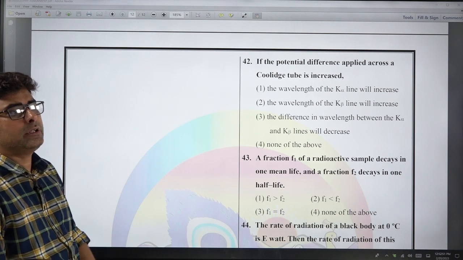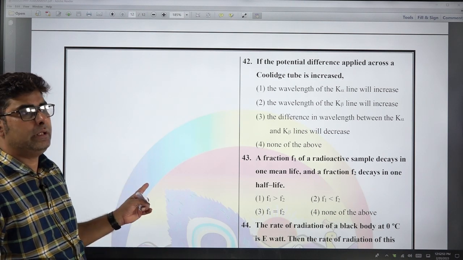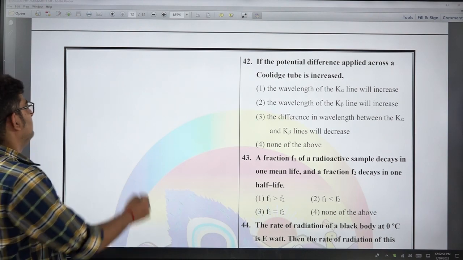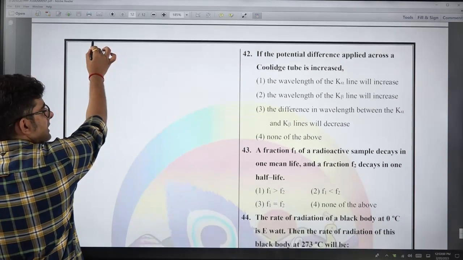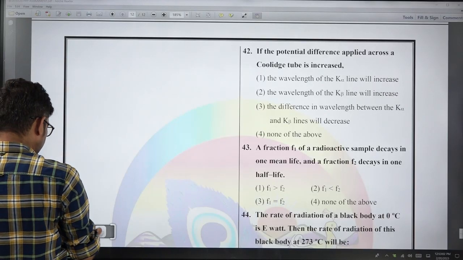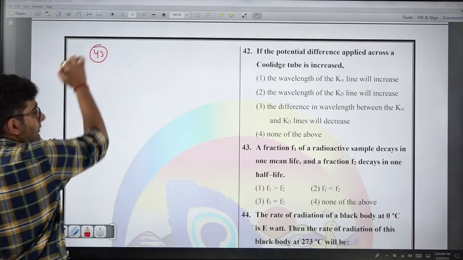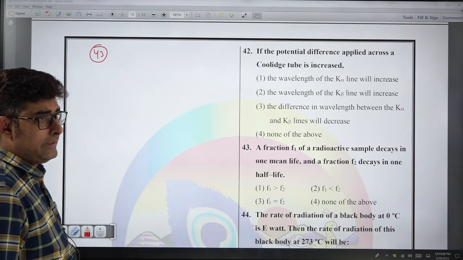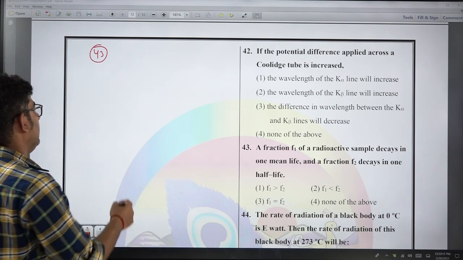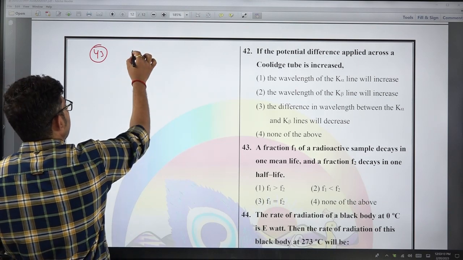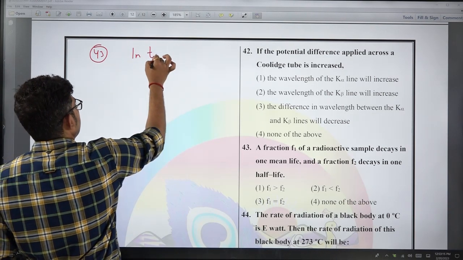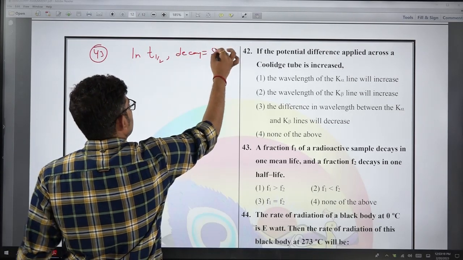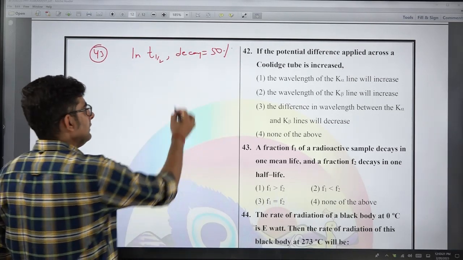A fraction F1 of a radioactive sample decays in 1 mean life and fraction F2 decays in 1 half life. Come to question number 43. In half life, decay is how much? 50%.